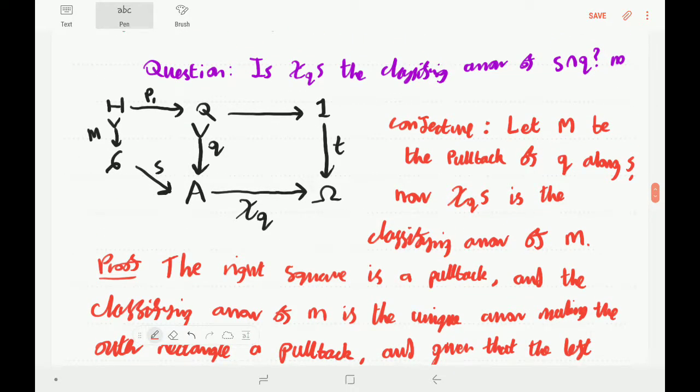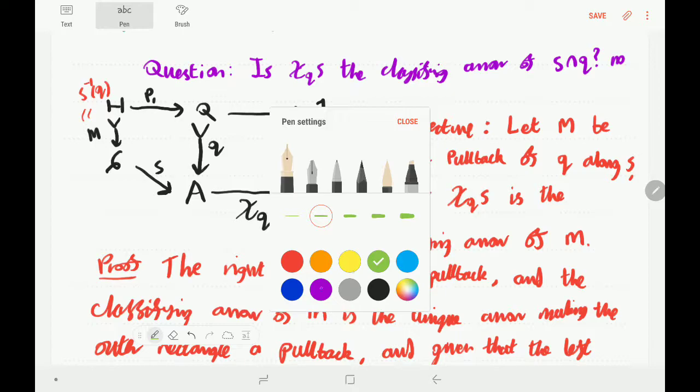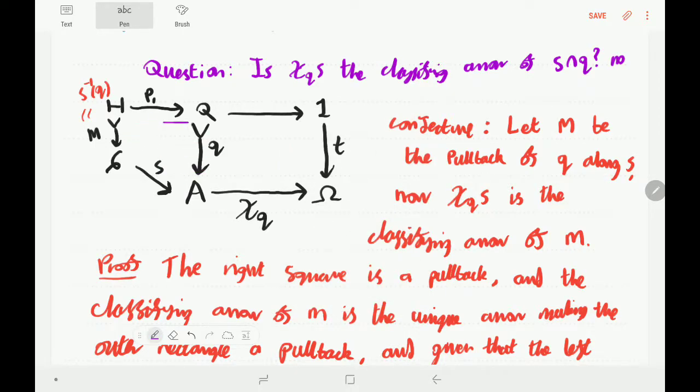So how can we see this? Well, we know that the right square is a pullback. If we define M as S to the minus 1 of Q, then we also know that this left square is a pullback.